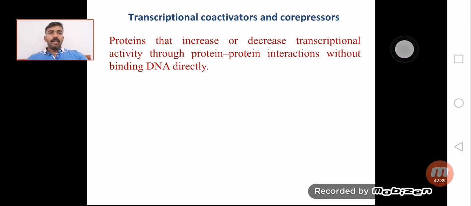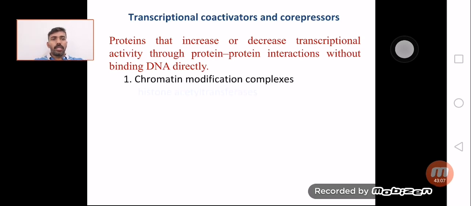So the decondensation has to be done according to the signal received by the system. So that decondensation is mediated by proteins like the coactivators and co-repressors. So these are proteins that increase or even decrease transcriptional activity through protein-protein interaction. That's important. They are not associated with the DNA directly.